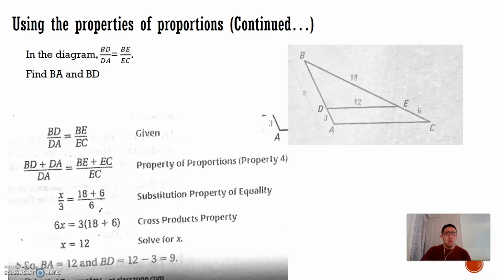And what you get is when you divide by 3 and then you divide by 2, you get x is equal to 12. And once you get x is equal to 12, oh, sorry. If you know BA is 12, then you know that BD must equal 9, when you take 12 minus 3. So that's how that works.